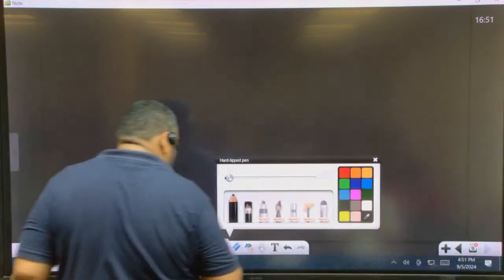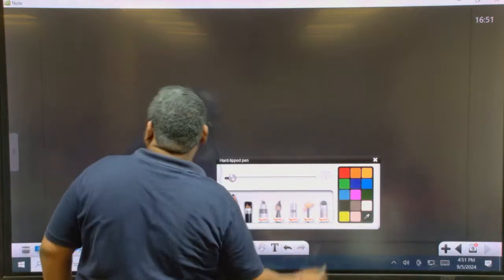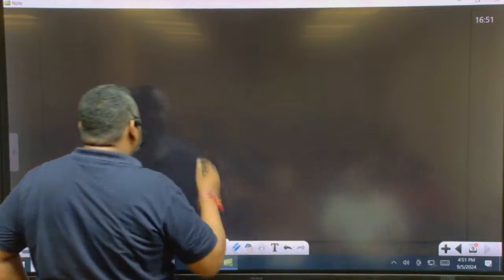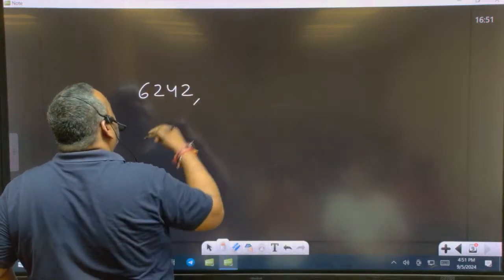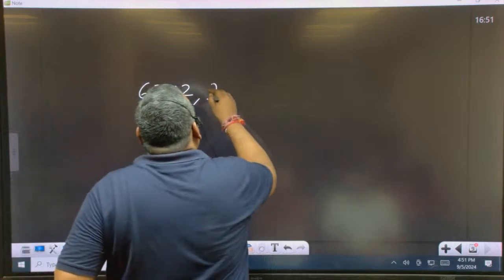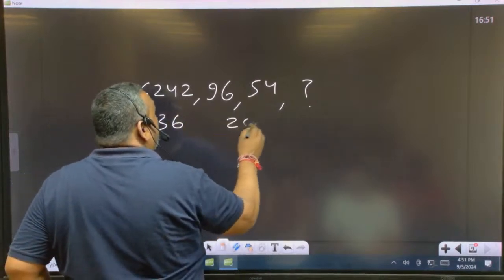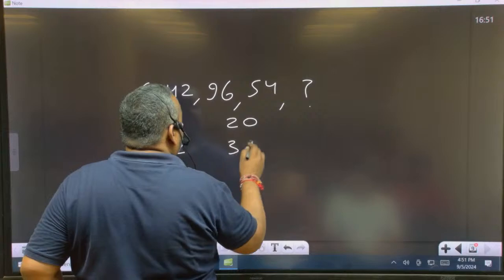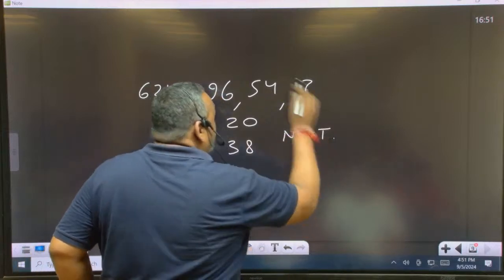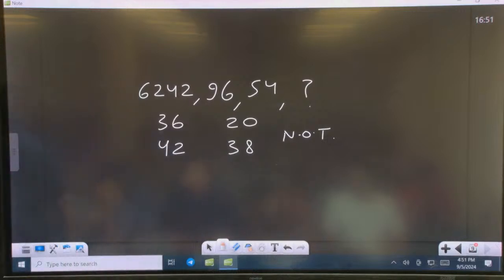Solve it first, then we will move in a bunch of 6 questions. Yes, I know 62 and 42 don't have any comma between. It's 6242.